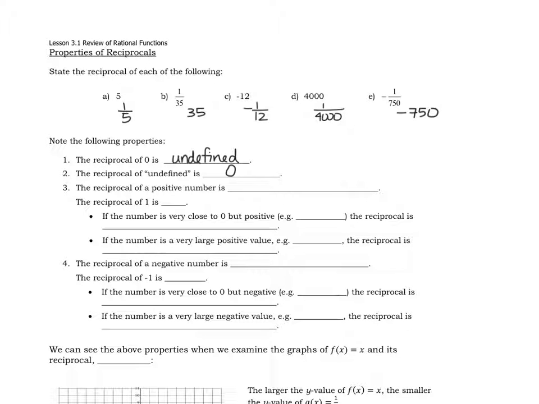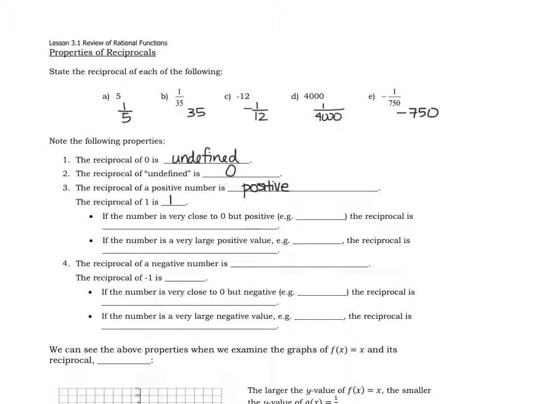Okay. If you notice in all of the examples that we did above, the reciprocal of a positive number will always be a positive number. Okay. The reciprocal of 1 is itself, 1. If a number is really close to 0 but still positive, like let's say 0.001, or maybe a better way to see the pattern is to write this as a fraction.